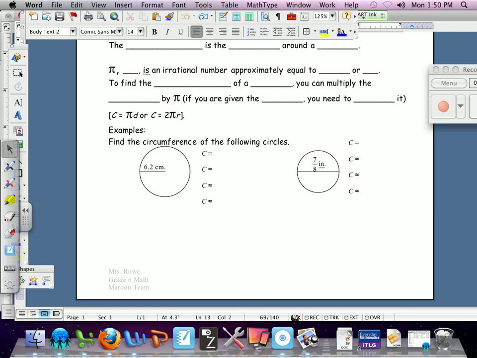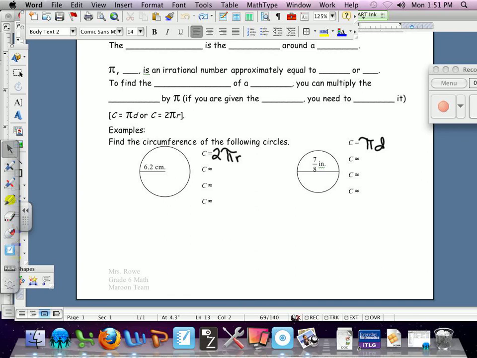If I'm doing a whole worksheet about finding circumference of circles, I might go, they gave me the radius, I'm going to use 2 pi r. They gave me the diameter, I'm going to use pi times d. Next problem, they gave me the diameter, I'm going to use pi times d. I do that right away to avoid doing all these computations that get me the wrong answer because they actually gave me diameter and I was using the radius formula.